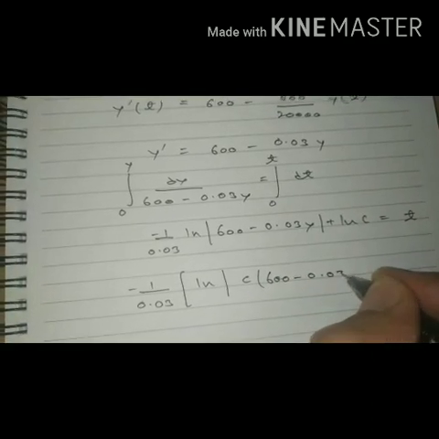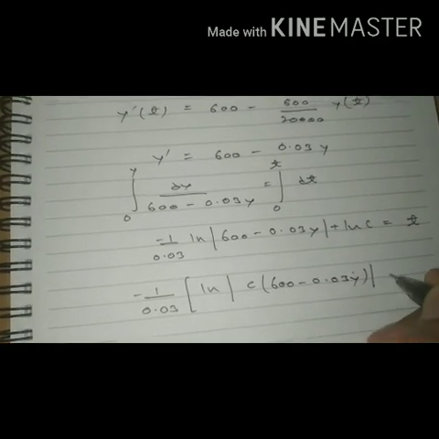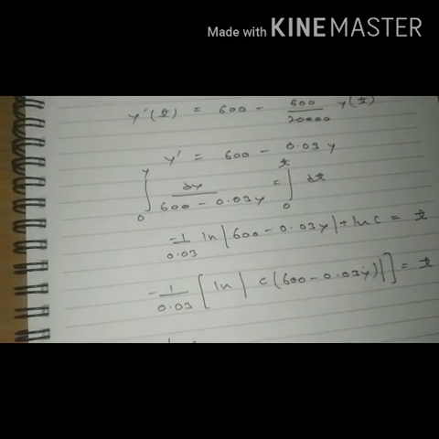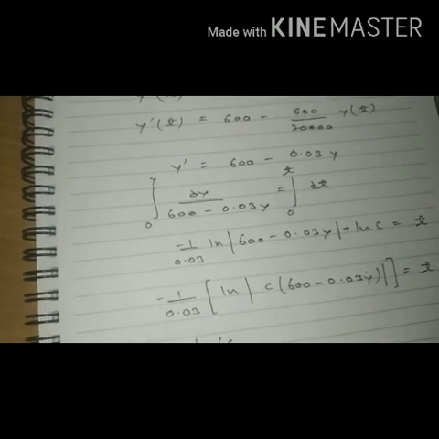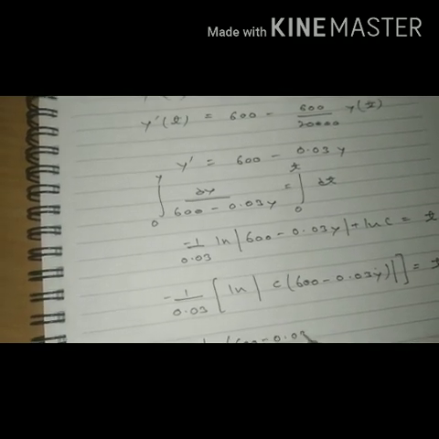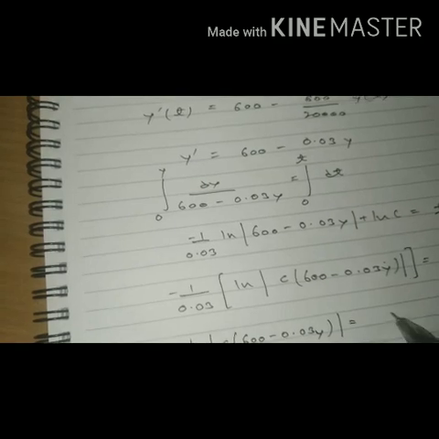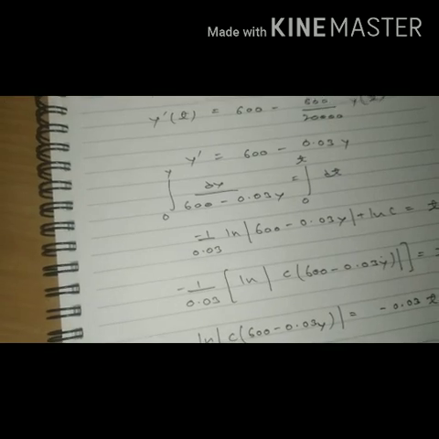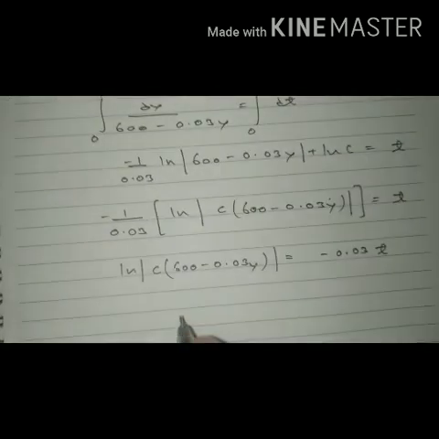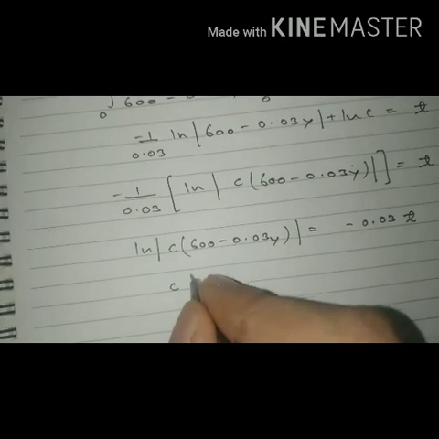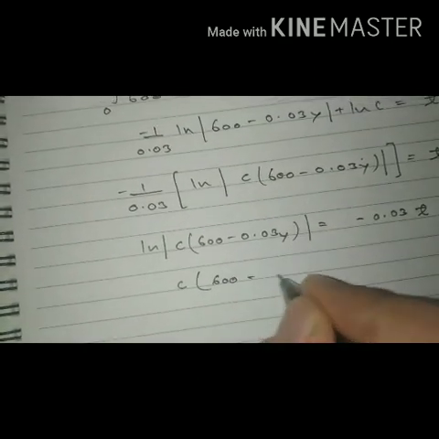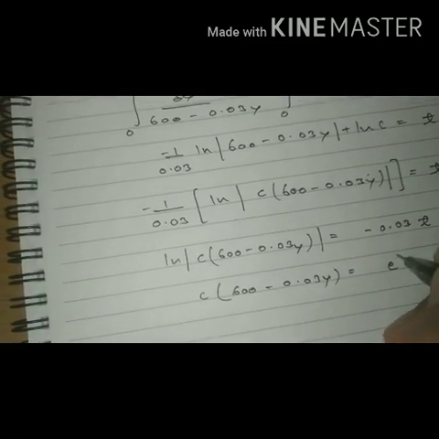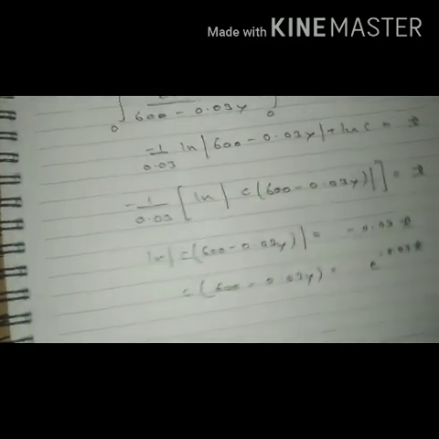So ln c(600 minus 0.03 y) equals minus 0.03 t. Taking ln to this side, 600 minus 0.03 y equals e to the power minus 0.03 t, over c.